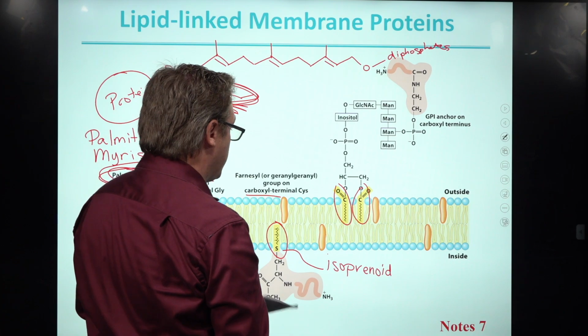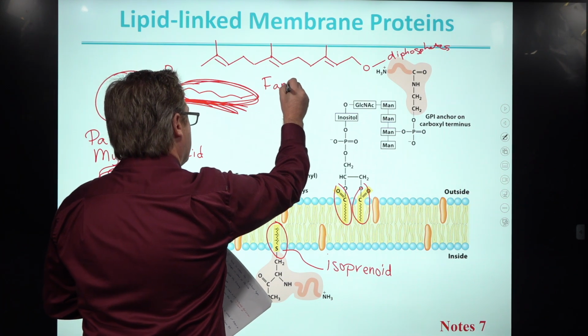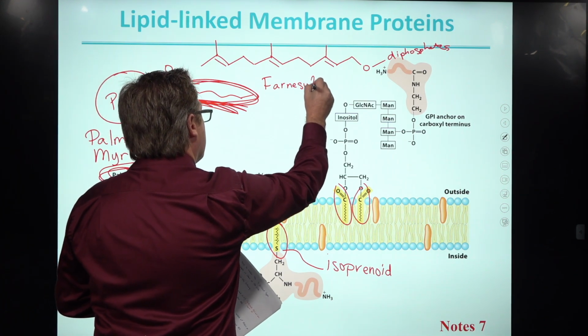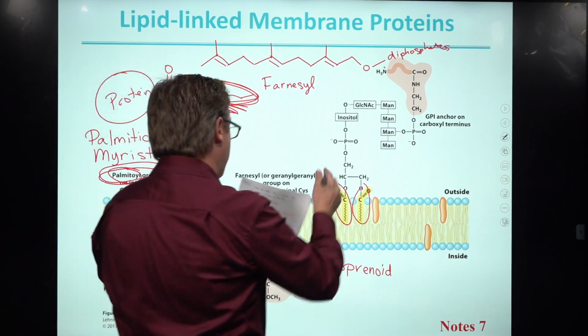And so this particular molecule is the farnesyl diphosphate.